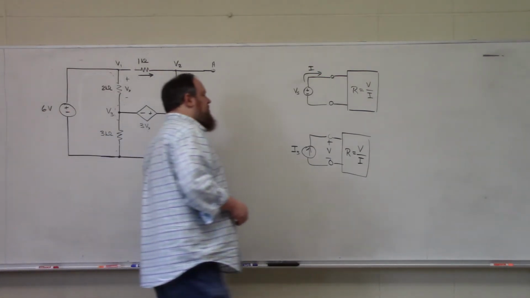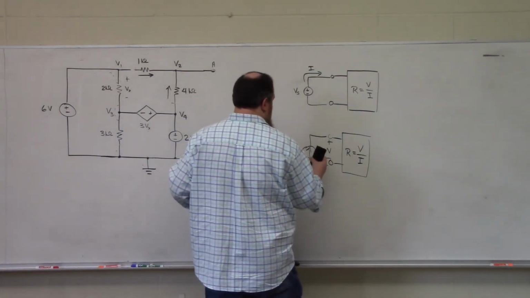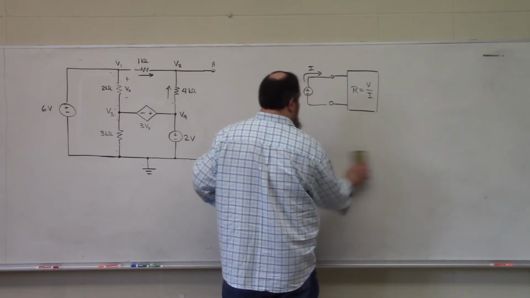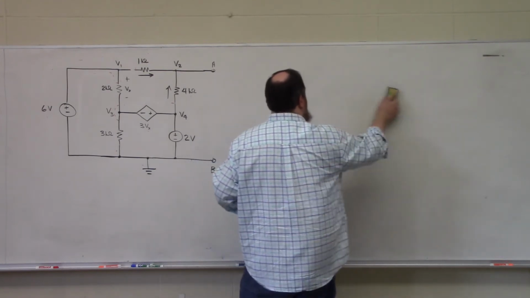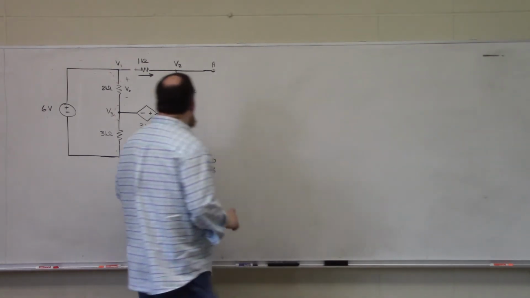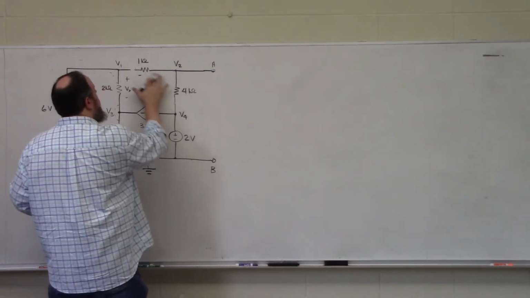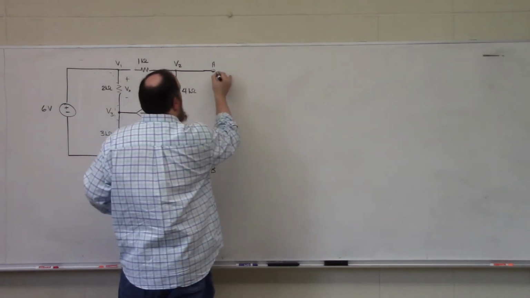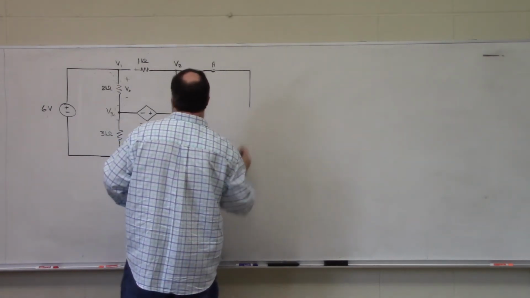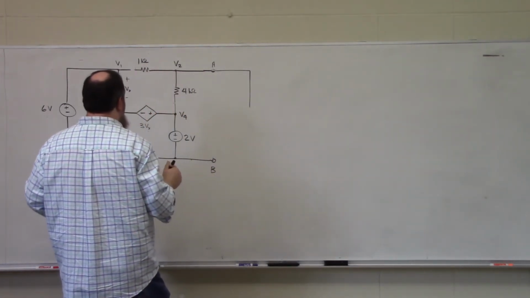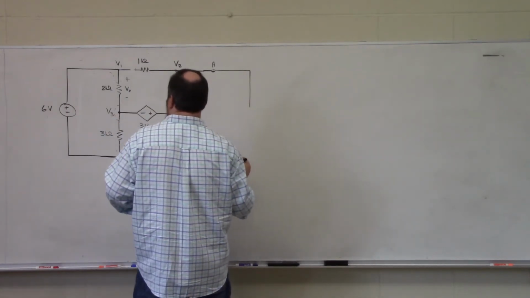So our test source method is then applying a test source, either a voltage source or a current source, it does not matter which, to our dead network, and then measuring the quantity. So let's use a voltage source.